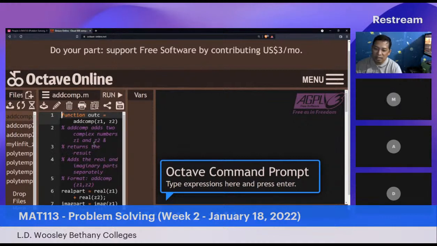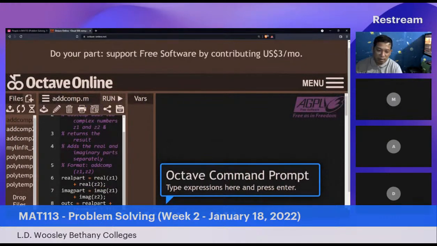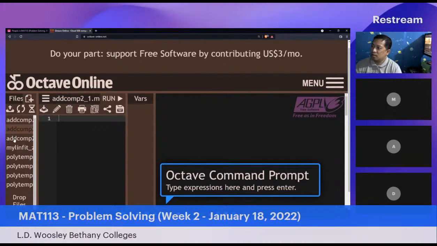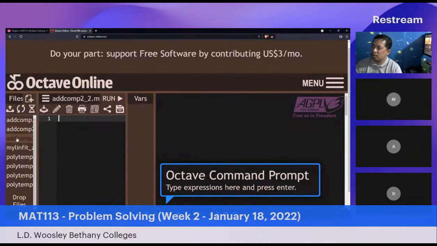So, hindi natin makita yung ganito niya, no? Ito, hindi katulad itong kay Hazel kanina. You're working on _1, Micaela?